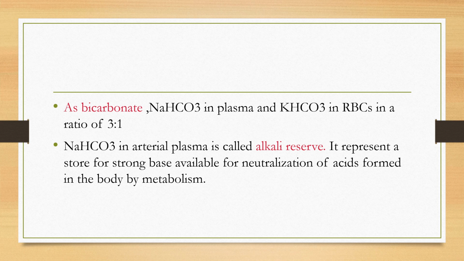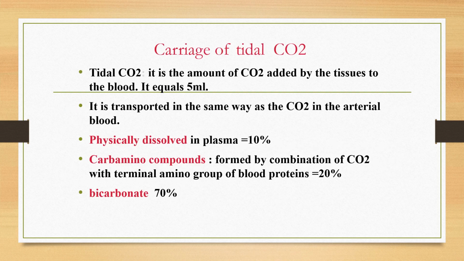This sodium bicarbonate in plasma we call the alkali reserve, and it is present in our blood to counteract or neutralize the acid released from body metabolism. When I ask you about the alkali reserve, this is the amount of bicarbonate present in the plasma of 100 ml of blood.